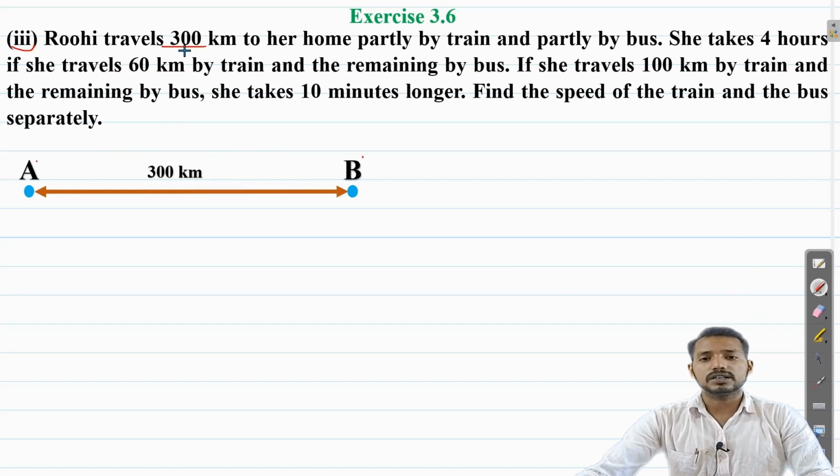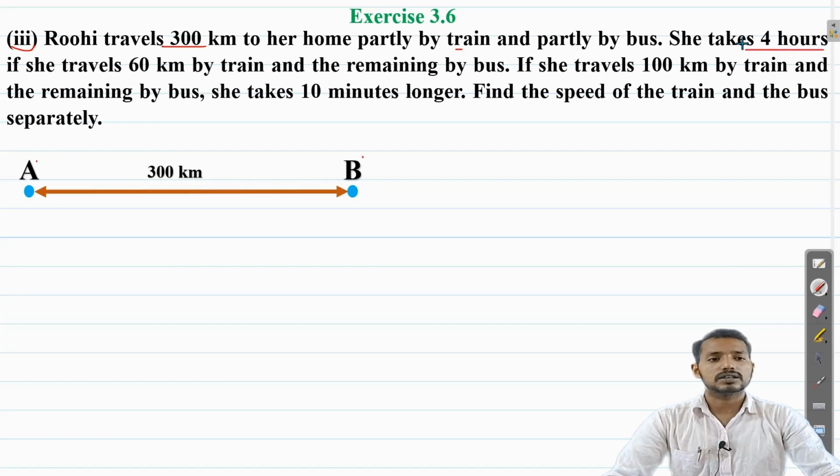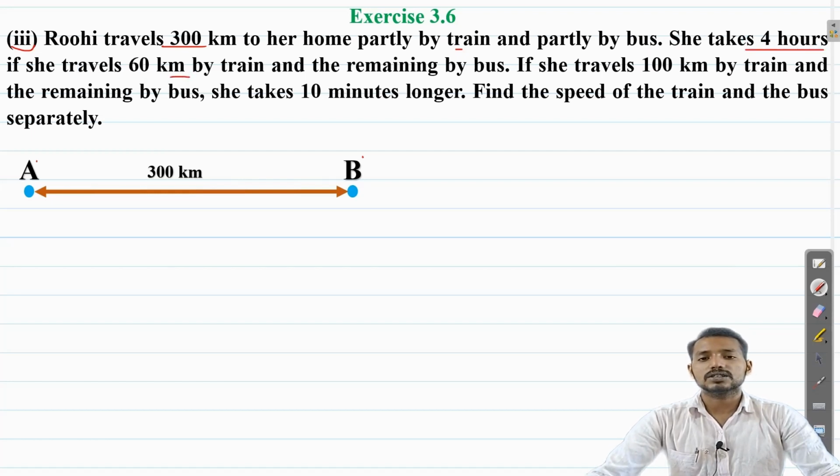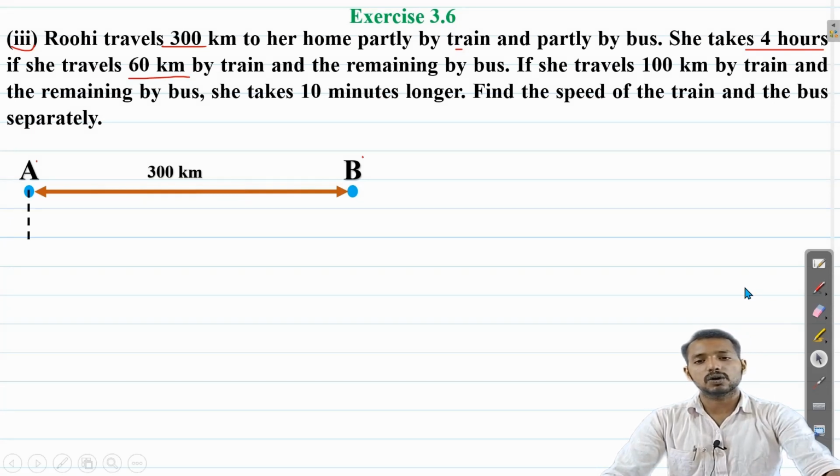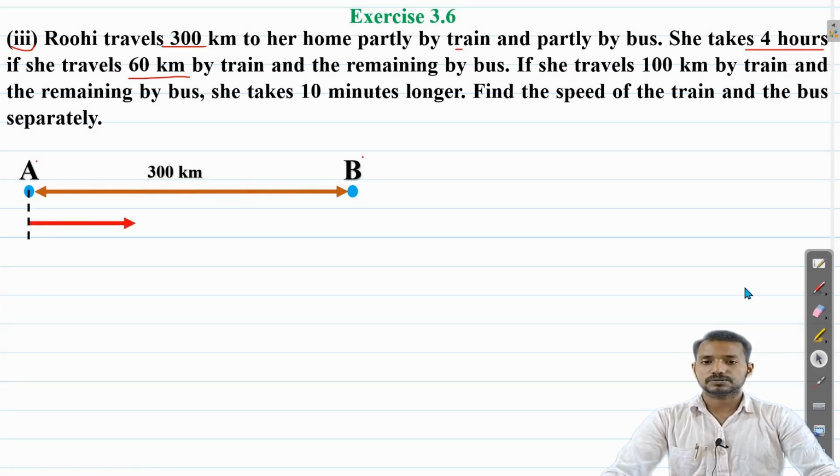According to the first condition, she travels partly by bus and partly by train. She takes 4 hours if she travels 60 kilometers by train. So first she traveled 60 kilometers by train.